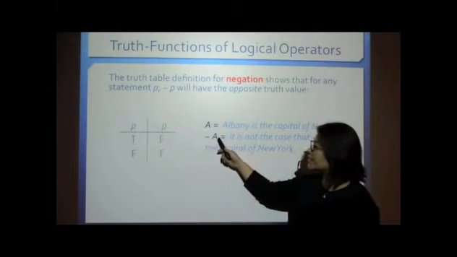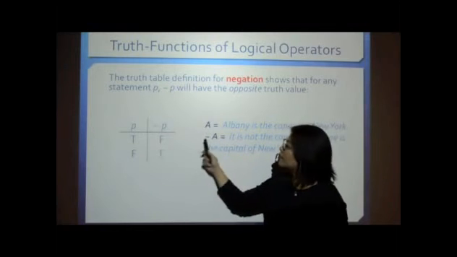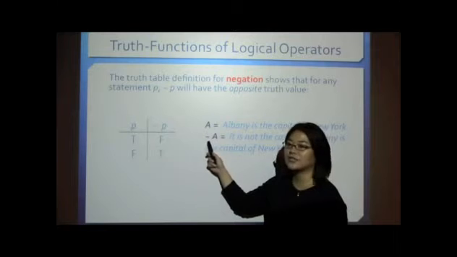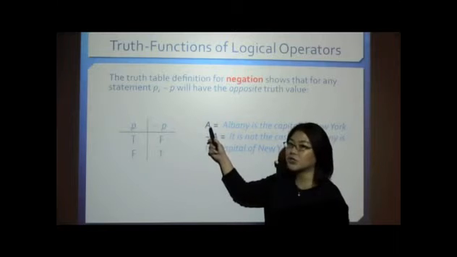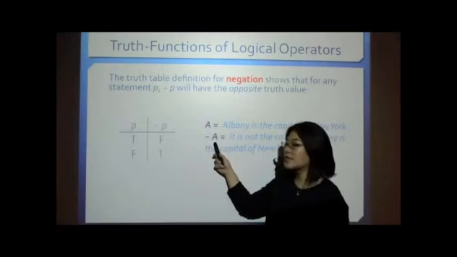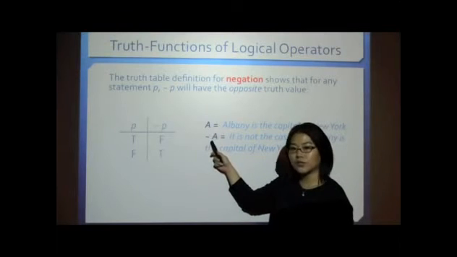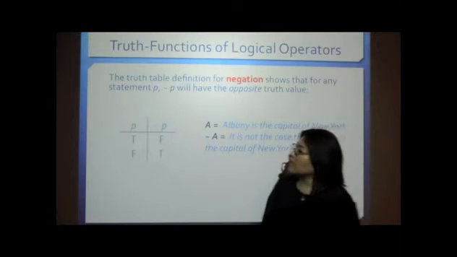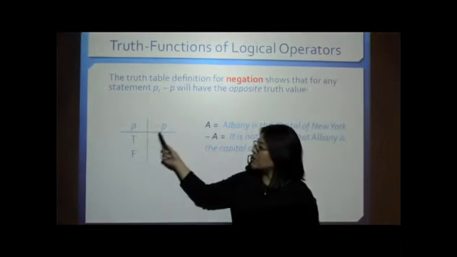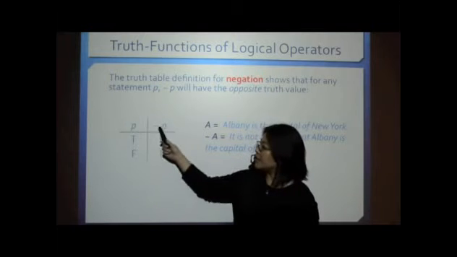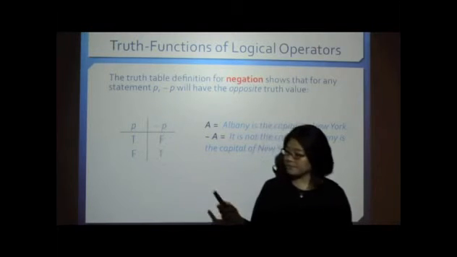And this is given to us by the truth function of the negation tilde. Whenever A is true, the negation will be false. If A is false, the negation will be true. So anytime you have P being true, negation P will be false, and anytime you have P being false, negation P will be true.